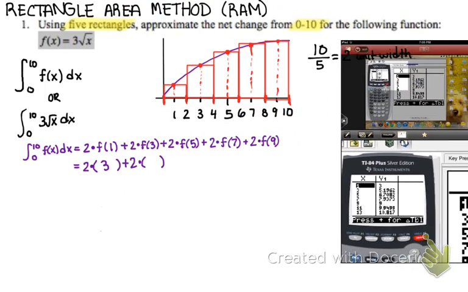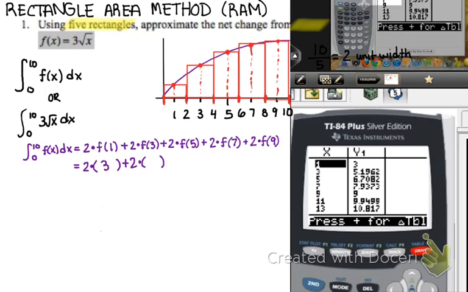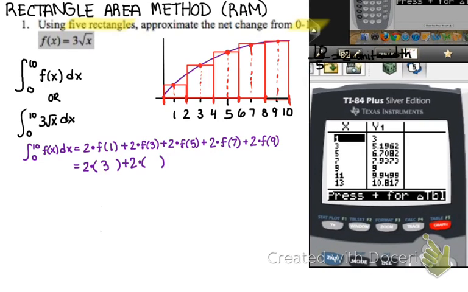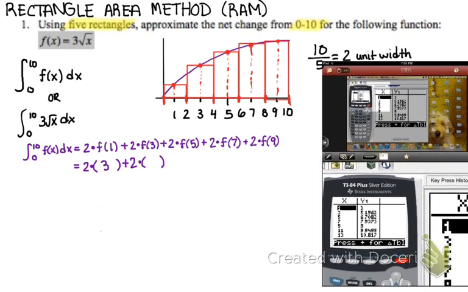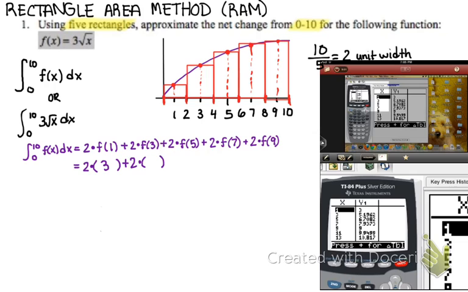So here we go. Here's a little picture of my calculator, and I'll get rid of it in a second. And then I'm going to copy these down. So f of 3 was 5.1962.